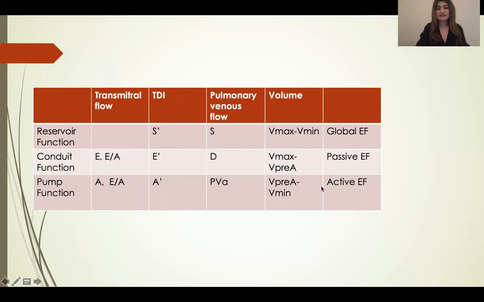Conduit function is the passive ejection fraction of the left atrium, and E velocity, E to A ratio, E prime velocity, and pulmonary venous D velocity reflect conduit function of the left atrium. Pump function is the active ejection fraction of the left atrium, and the E to A ratio and A prime velocity are important to predict pump function of the left atrium.